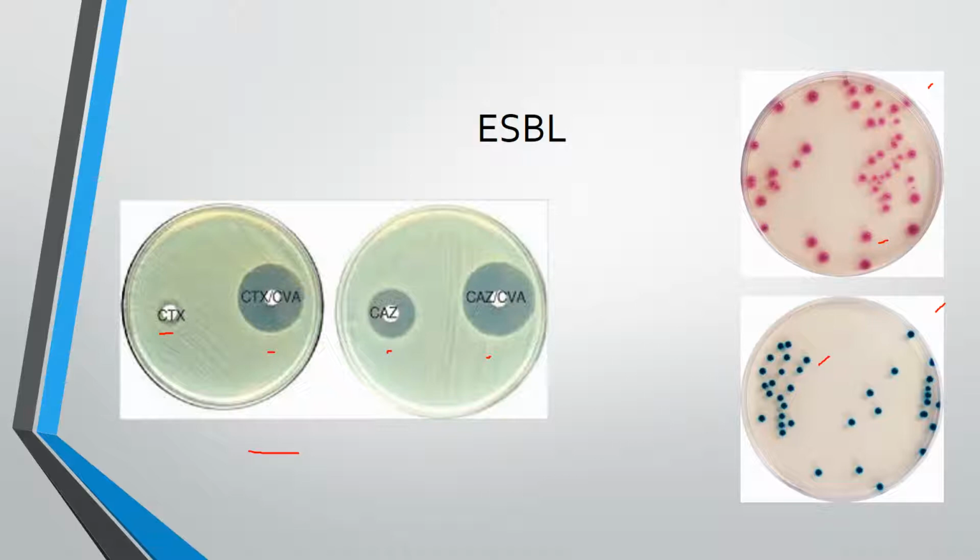I think if there's a difference of 3, it depends on the drug itself. I think in ceftazidime, it's 2 millimeters, and in cefotaxime, it's 3. But if there is a difference, then you have an ESBL.